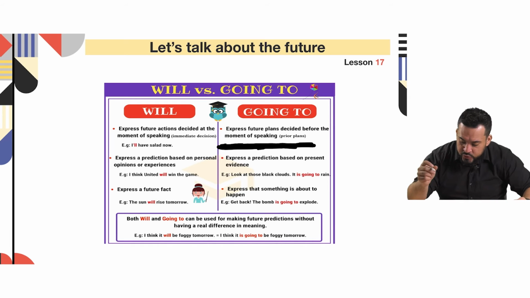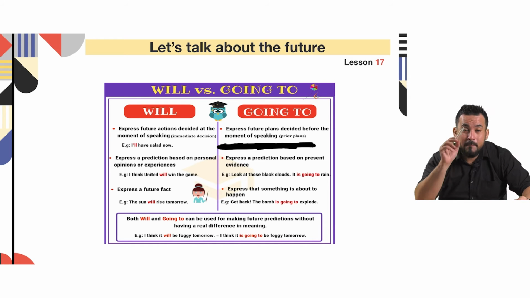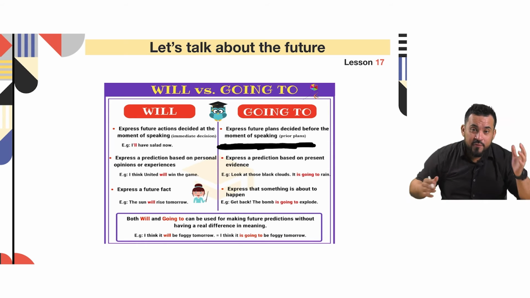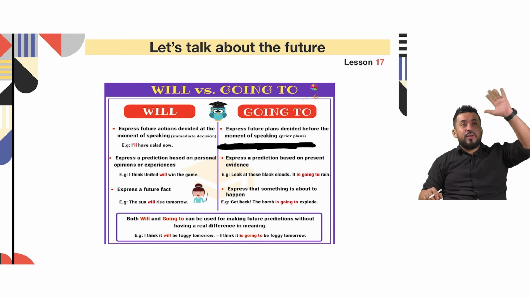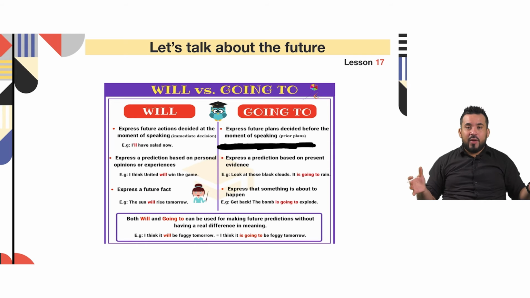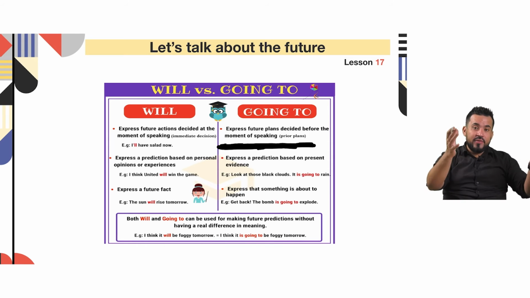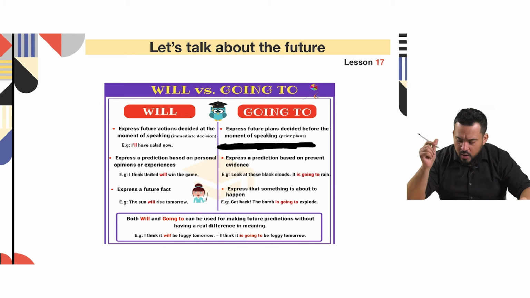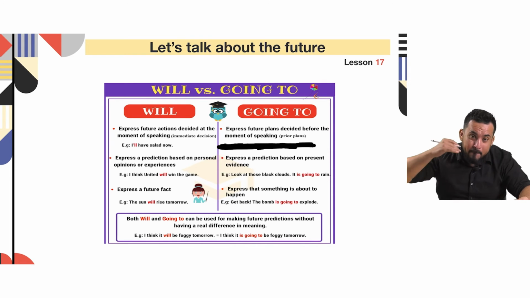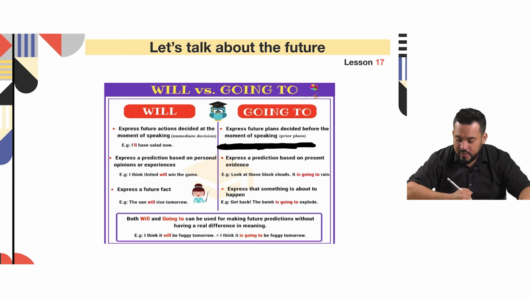We also use going to for prediction, but based on evidence. Like for example, oh, look at the clouds. The clouds are black. It's going to rain. Okay, this is a prediction, but you are basing it on evidence. We use going to express that something is about to happen, like the bomb is going to explode.